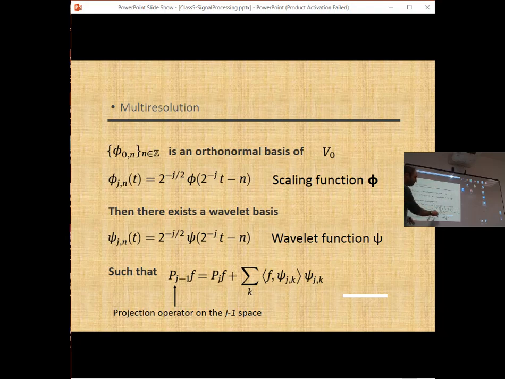You have this projection, P_j. It's a bit of mathematics, but you have to understand where it comes from. P_j means the projection on this frequency band, and then the projection of all of this, which is in there. And then at this scale, you have this function, which is the decomposition. And when you want to sum everything, you have to take the sum of all the components.